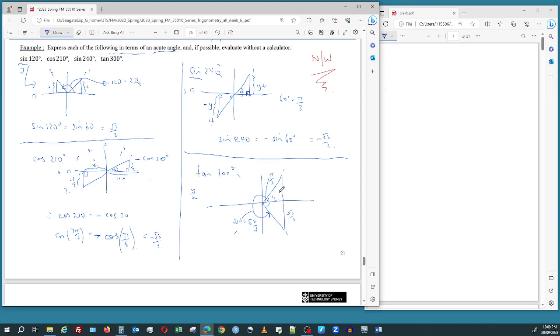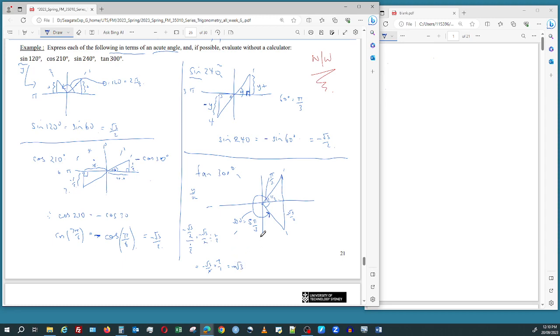Now the tan, we need to be careful here because this is negative and this is positive, so this would be minus root 3 over 2 divided by half, which is minus root 3 over 2 times 2 over 1, which is minus root 3.